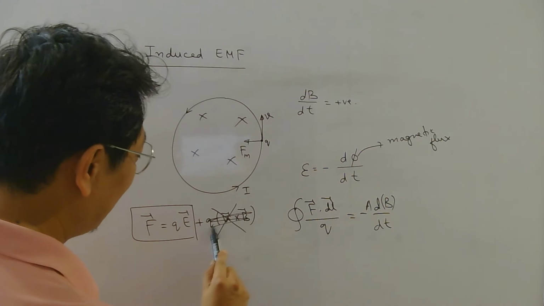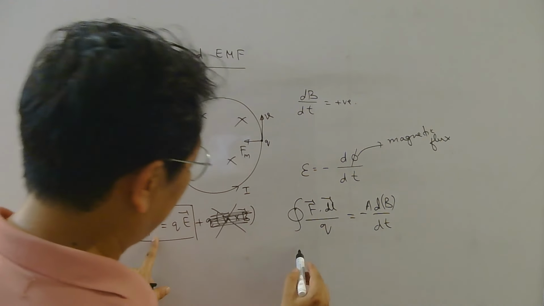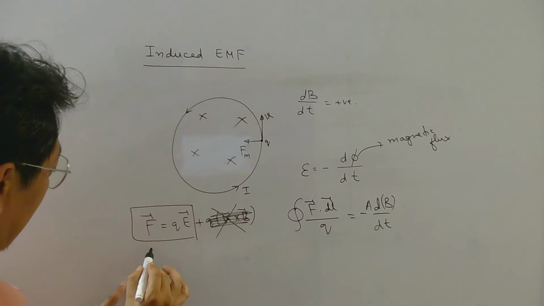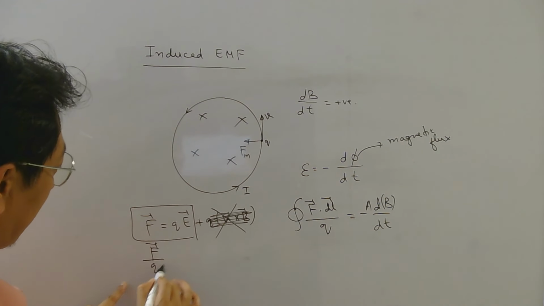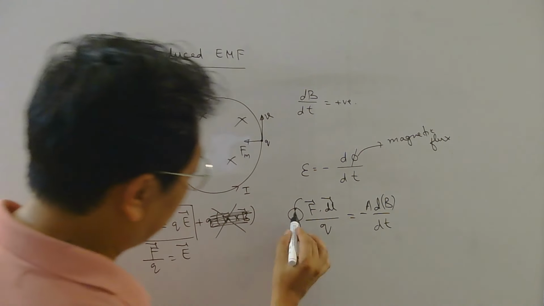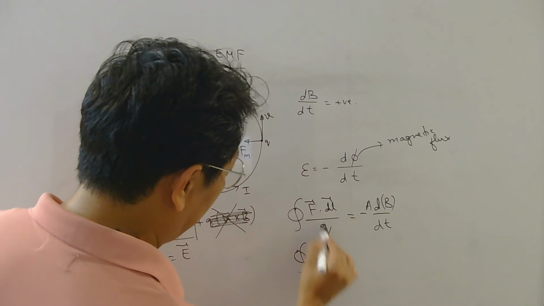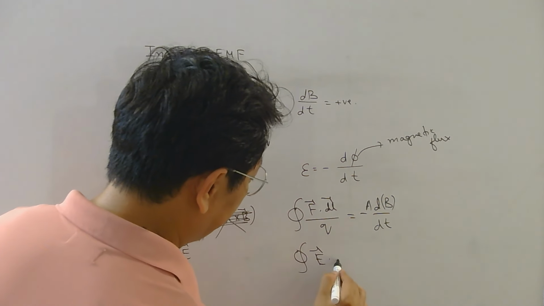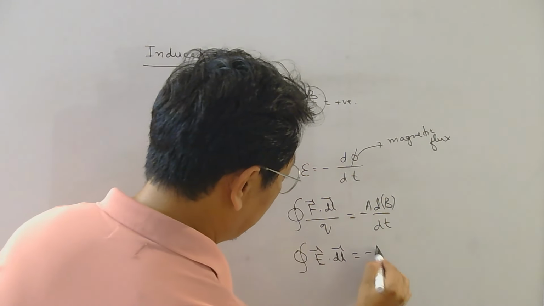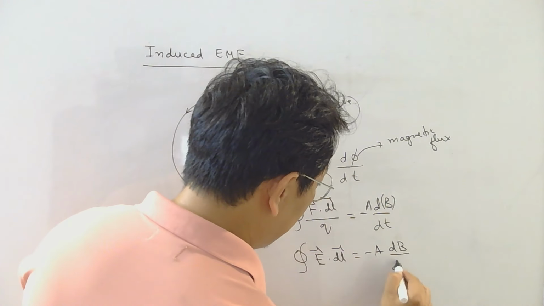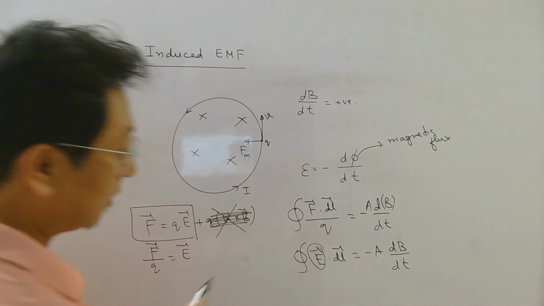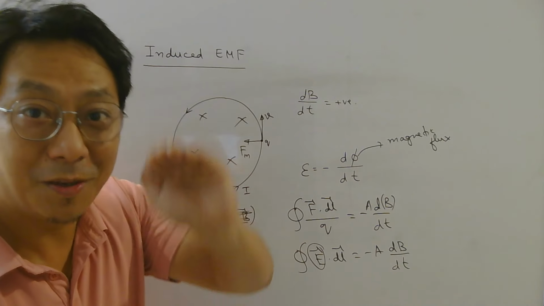Therefore, this is useless, and therefore the force by Q will be what? E. And therefore I can write F by Q as E, which is minus A dB by dt. Please understand that this E is not the same E which we studied before.